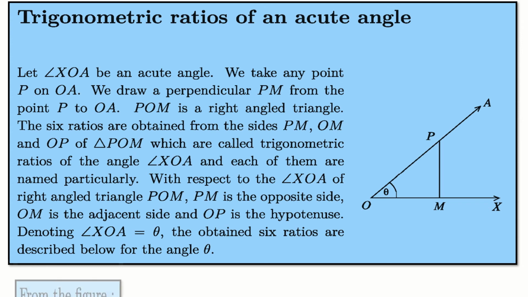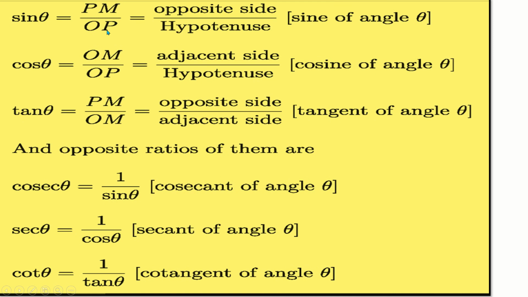Now follow from the figure. Sine theta is equal to PM by OP, opposite side by hypotenuse. Cos theta is equal to OM by OP, adjacent side by hypotenuse, and tan theta is equal to PM by OM. And the other ratios will be the reciprocals of sine, cos and tan.